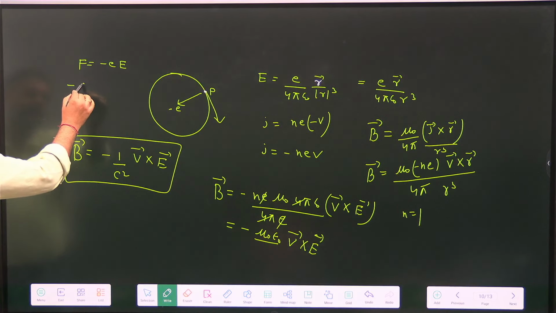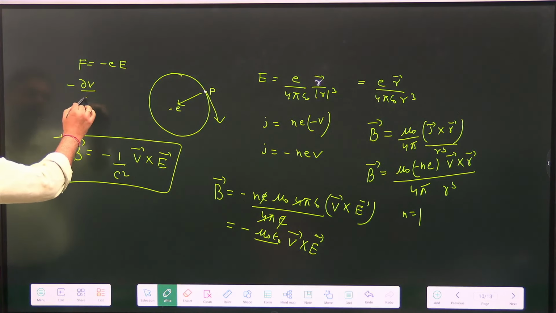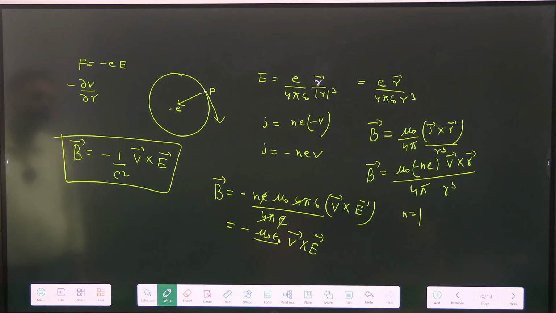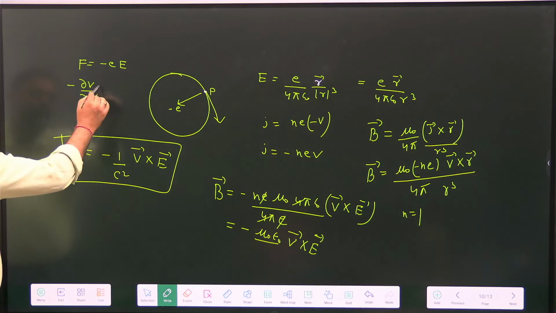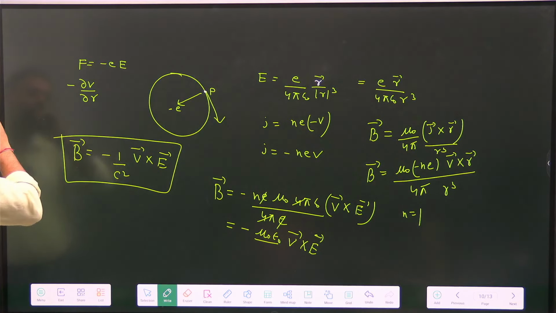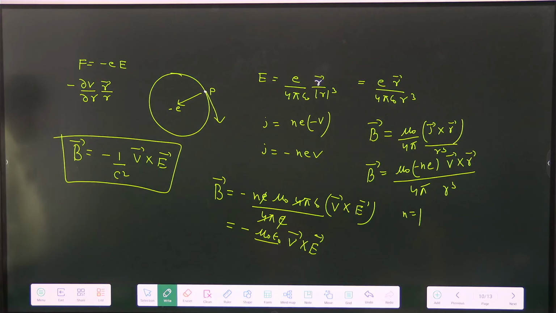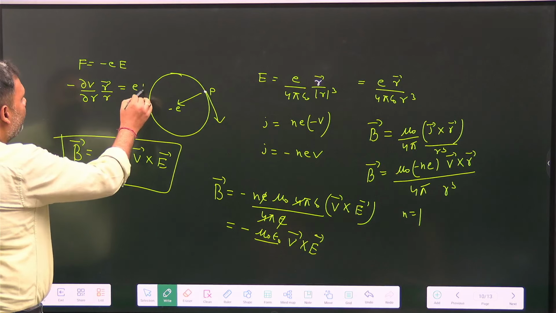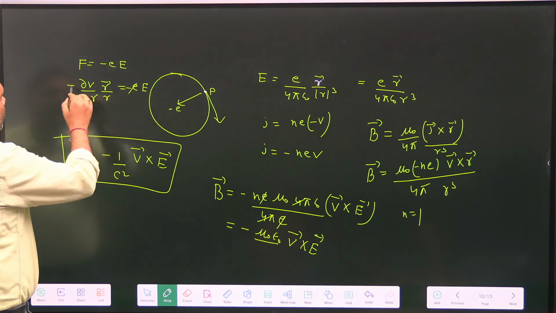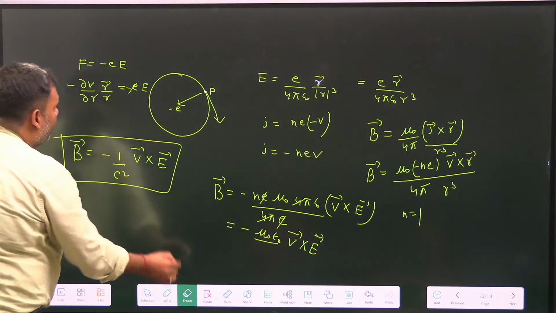Minus del v upon del r, ठीक है ना, माइनस del v अपॉन del r, r by r ऐसे लिख सकते हैं.